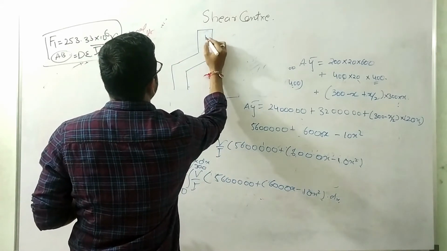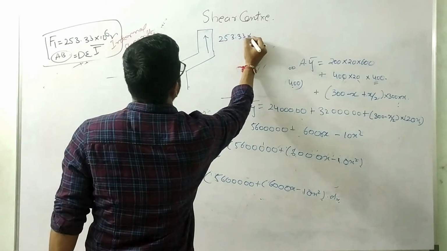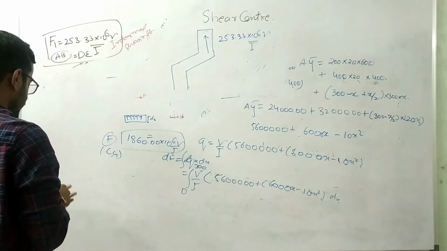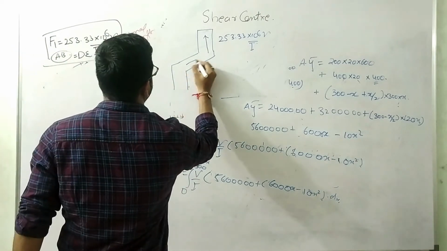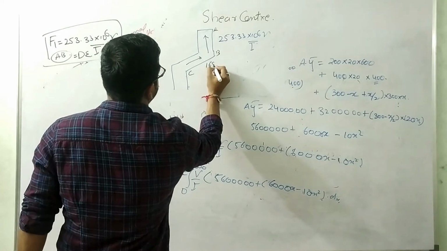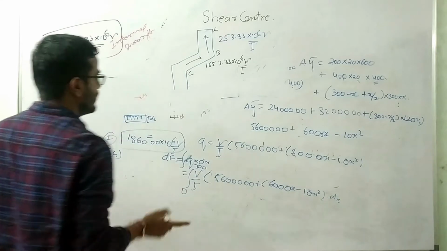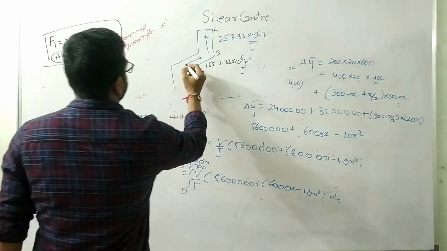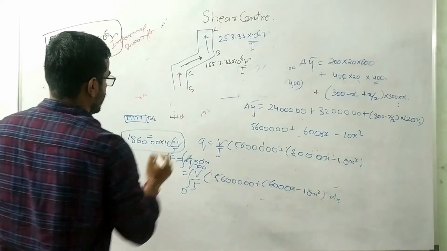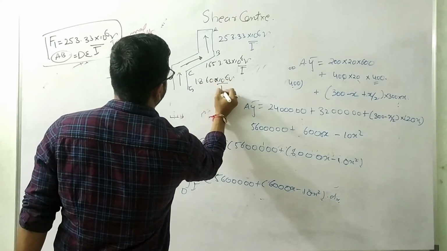At this portion, the net vertical force is nothing but 253.33 into 10 to the power 6 v over I. For this inclined portion, this is AB, this is BC, the force value was 1653.33 into 10 to the power 6 v over I. This thing we have calculated, right? And for this CG portion, the value of the force is 1860 into 10 to the power 6 v over I.